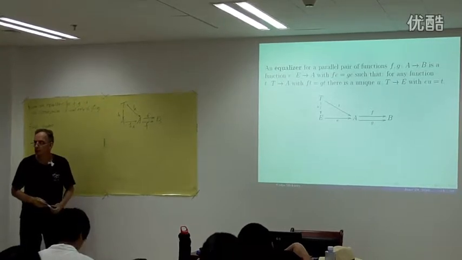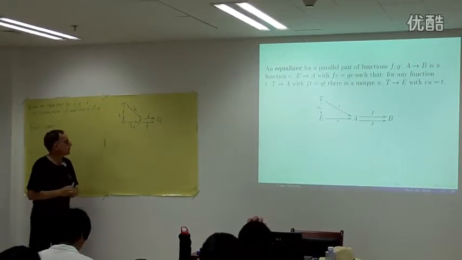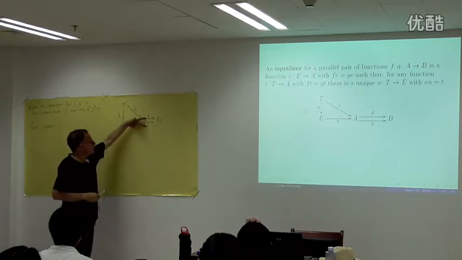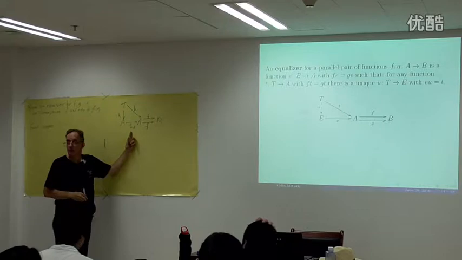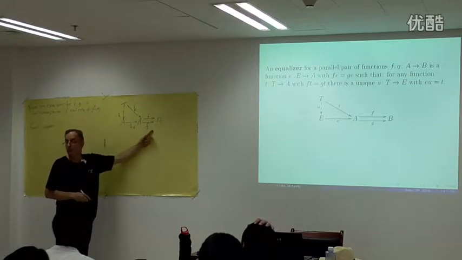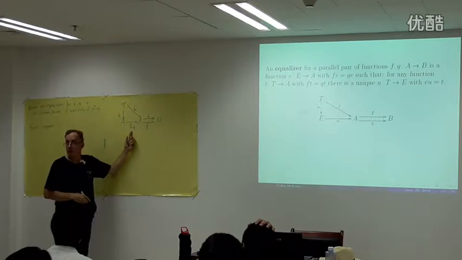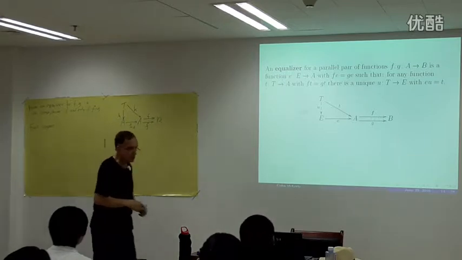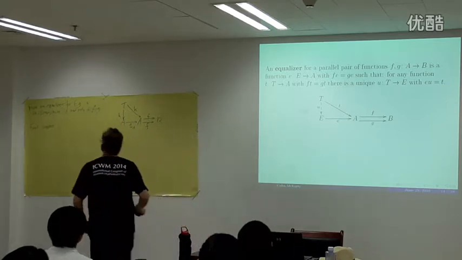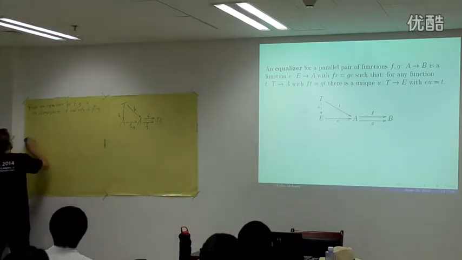So there's a proof that the equalizer of any function with itself is an isomorphism. Because the identity function is certainly an equalizer of a function with itself, and any two equalizers are equivalent.